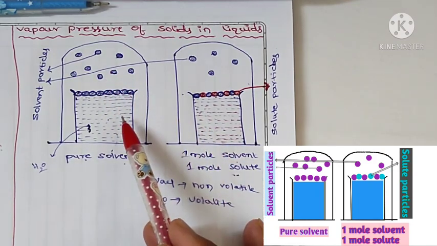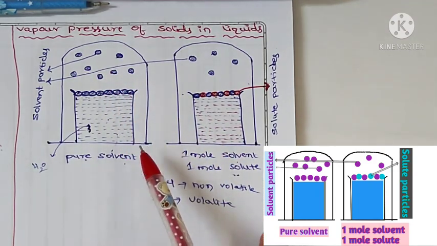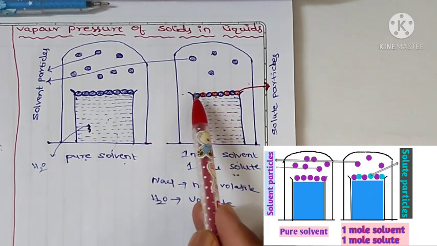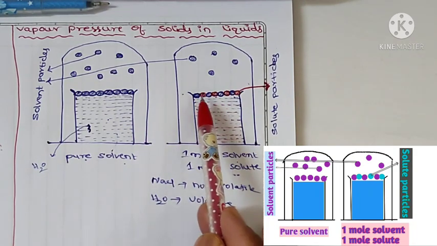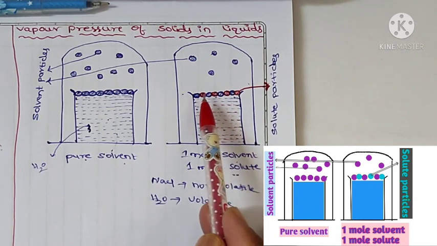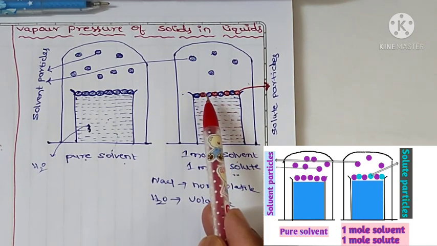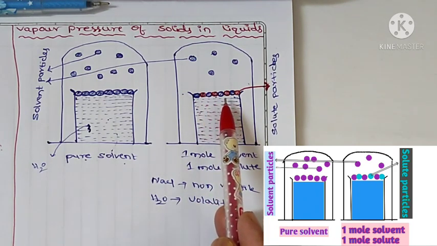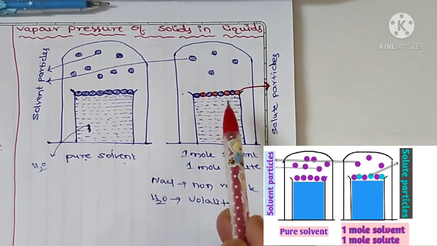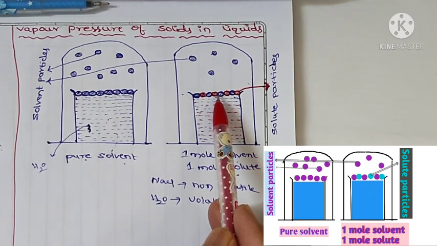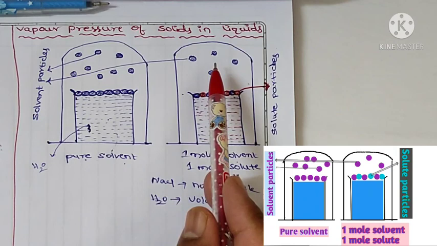After adding the solute, the surface of the solution is occupied by both solvent molecules and solute molecules. The solvent is volatile and the solute is non-volatile, so only the solvent molecules are converted into gas.